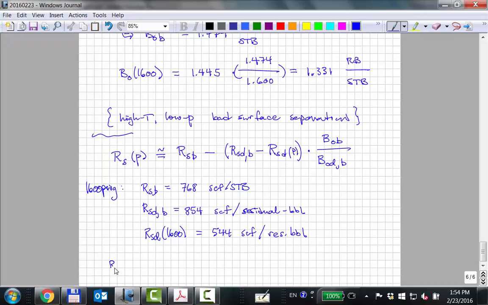So then RS at 1,600 would be the 768 minus 854 minus 544, times that same ratio, 1.474 over 1.6.